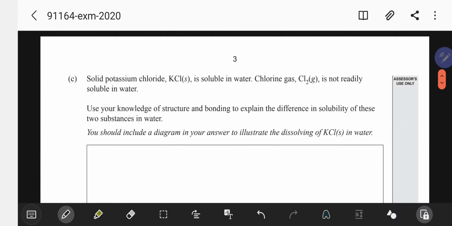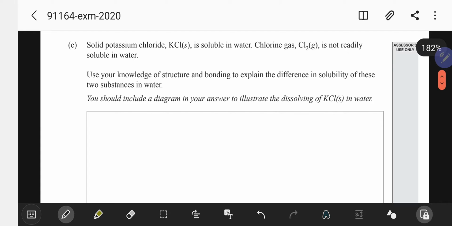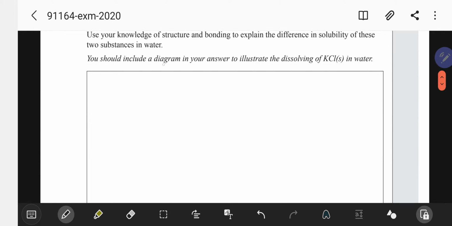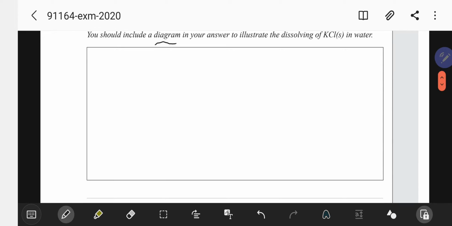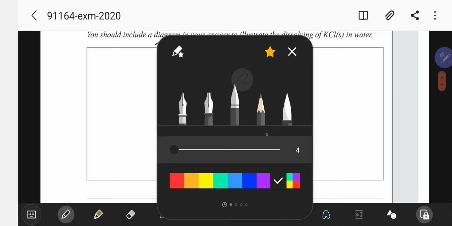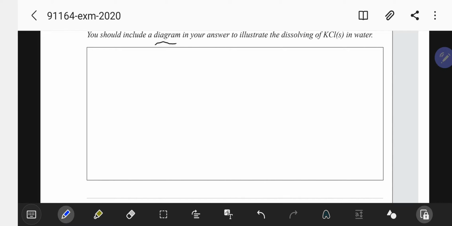Solid potassium chloride is soluble in water. Chlorine gas is not readily soluble. Use a knowledge of structure and bonding. Okay, so they want us to draw a diagram. So if we have water, just do a blue here.